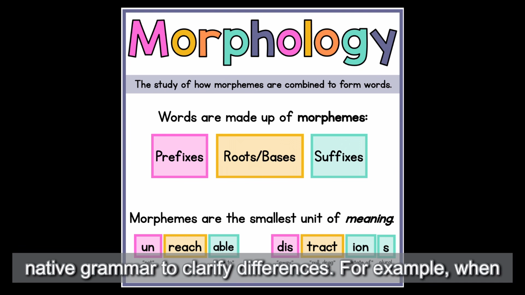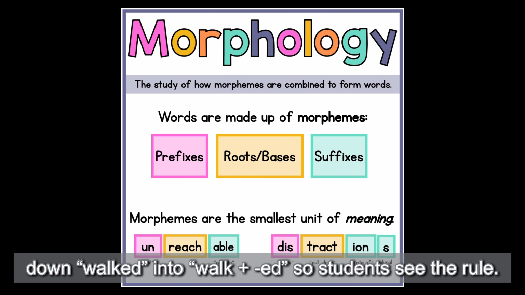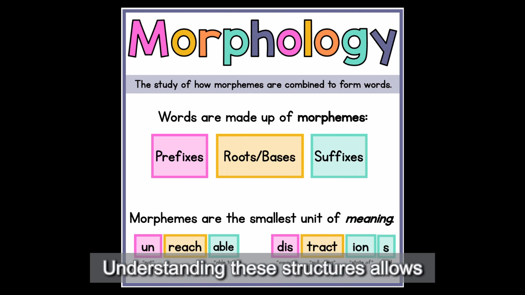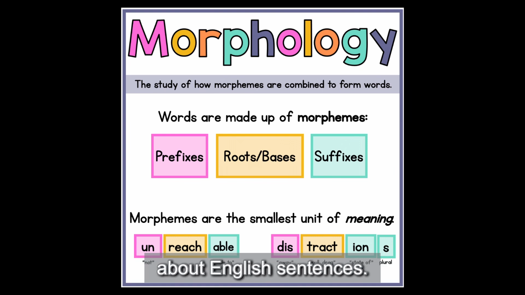For example, when teaching the past tense, we break down "walked" into "walk" plus "ed" so students see the rule. Understanding these structures allows teachers to correct errors and answer students' "why" questions about English sentences.